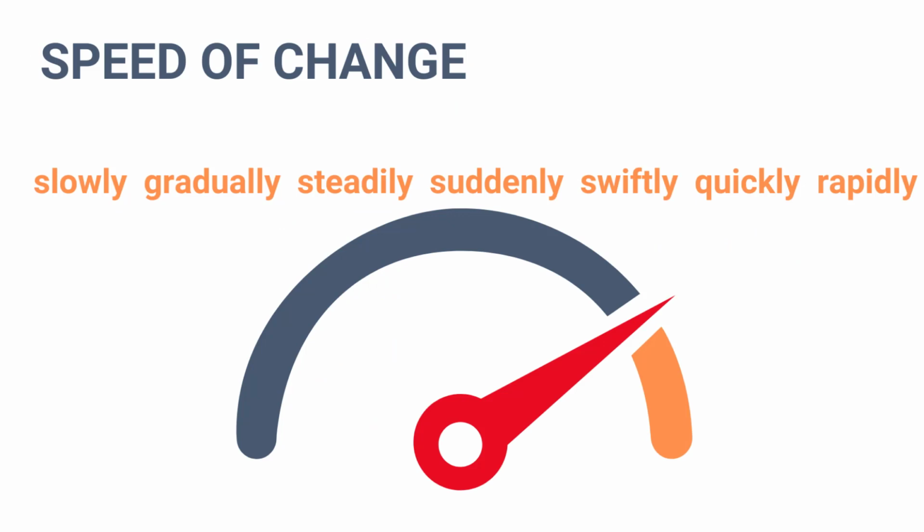Then if we go on to the speed of change, then we're going from the slow to the fast. So go slowly, gradually, steadily, suddenly, swiftly, quickly, and the fastest, rapidly.